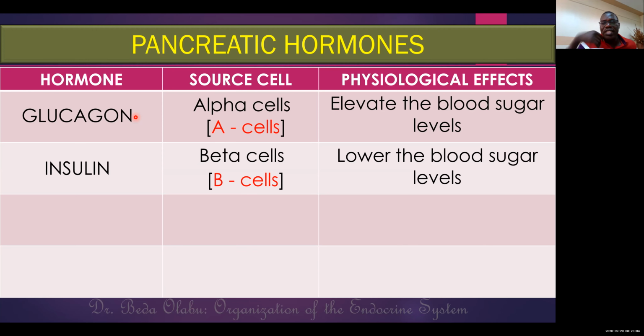Very good. And that's the principal mechanism. Insulin increases uptake of glucose by cells. So in the presence of insulin, glucose moves from the plasma, from the interstitial fluid into the cell.